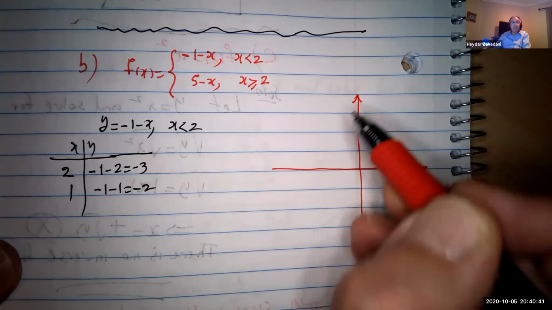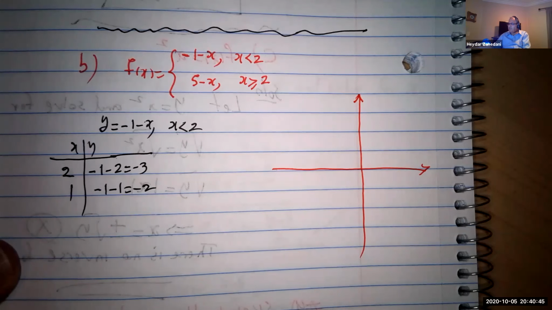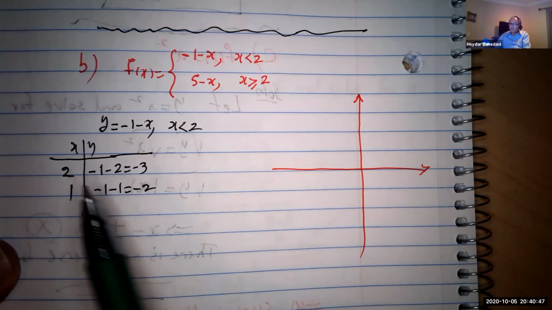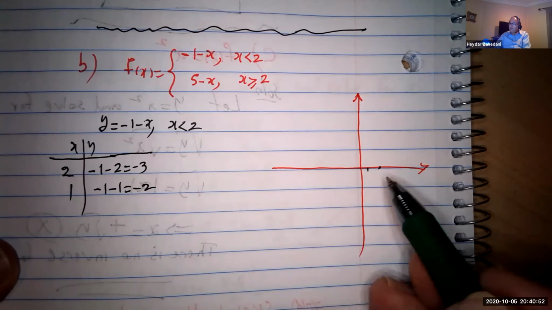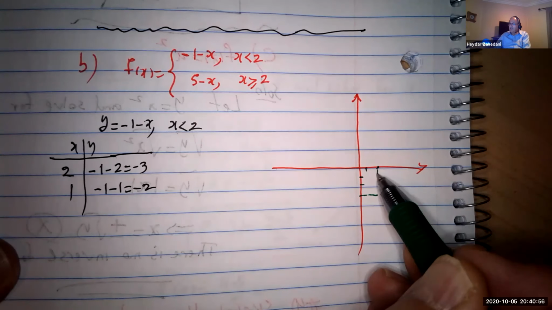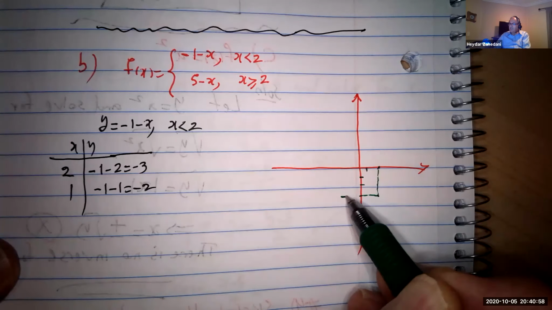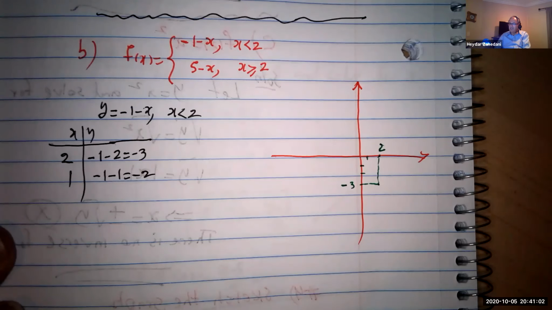So this is the case. Identify 2 and negative 3: x equals 2, and we have negative 3. You check to see if you are going to accept this point.